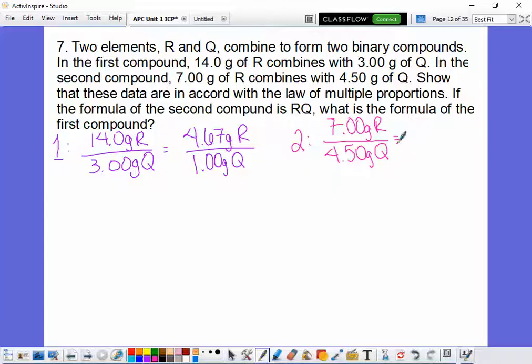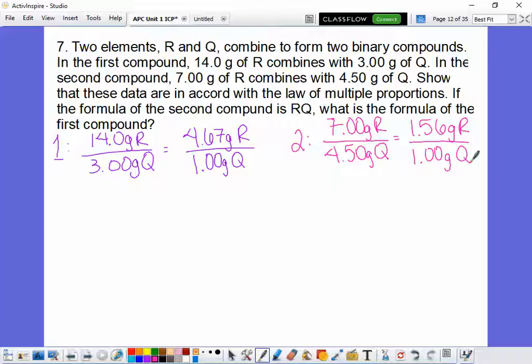So now, what is 7 divided by 4.5? 1.56 grams of R for every 1 gram of Q. All right, so now we know for each compound how many grams of R we need for grams of Q. Now let's compare the R's for each compound.